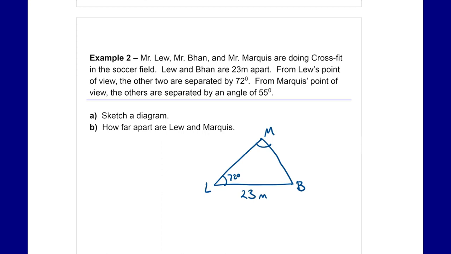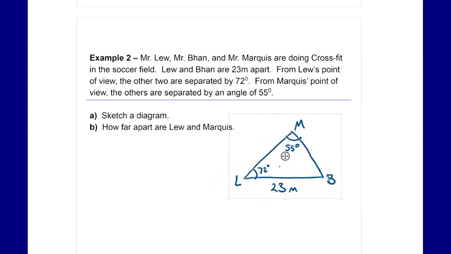Marquis sees them separated as 55 degrees. So again, it's from his point of view how far apart they are. If I look at one and then scan over to the other, what's the angle between those two points of view? I see it as 72, Marquis sees it at 55, and Liu and Bond are 23 meters apart.